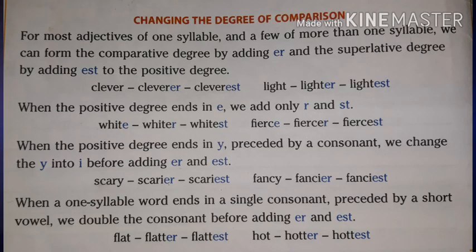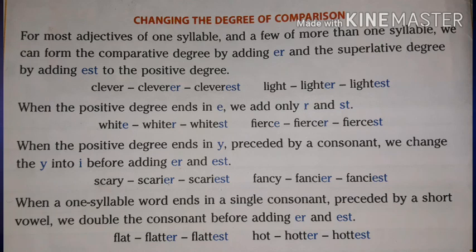So we can form the comparative degree of one syllable words and two syllable words by adding er and the superlative degree by adding est to the positive degree. Example, clever, cleverer, cleverest. Light, lighter, lightest.